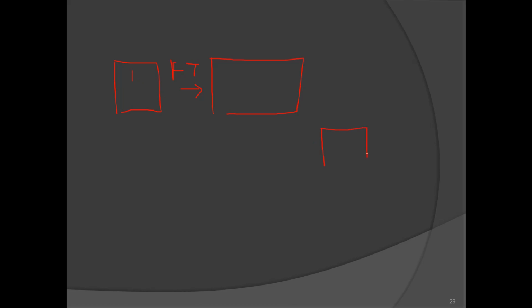Why does that represent high frequency? If an edge is there, there will be a sudden change in the intensity level, from 0 to maybe 255, right? So that represents a high frequency component.